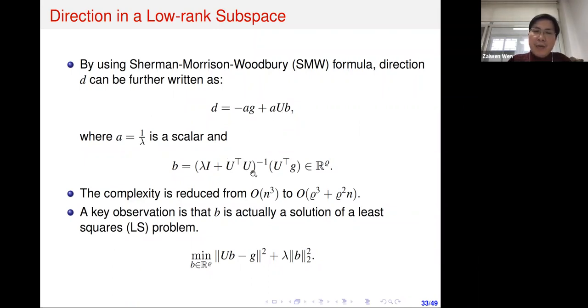Then we have to compute U transpose U and U transpose G. This computational cost can be expensive, because the number of rows is huge, but the number of columns is small. We have K observations. B actually is the solution of a linear least squares problem in this way.